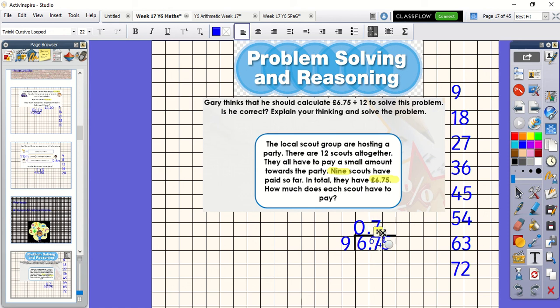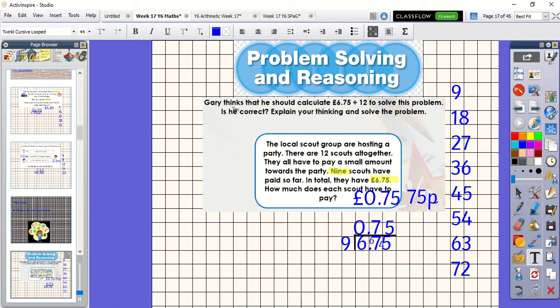I'm going to carry that across to my 45. Then my next step is to see how many 9s go into 45. And I know that that is 1, 2, 3, 4, 5. So how much does each scout have to pay? We have got £0.75. So you could either write your answer like that, or you could write your answer like that. Okay, both of those are fine.